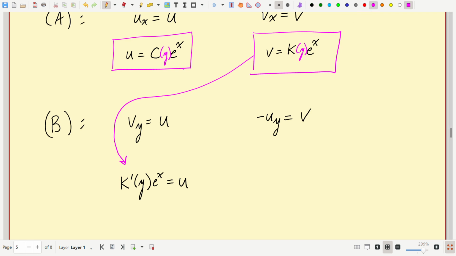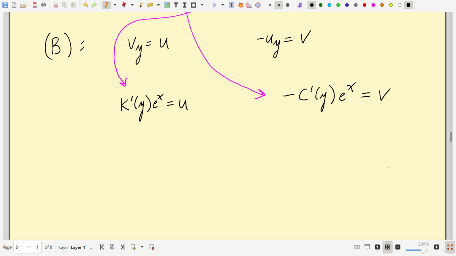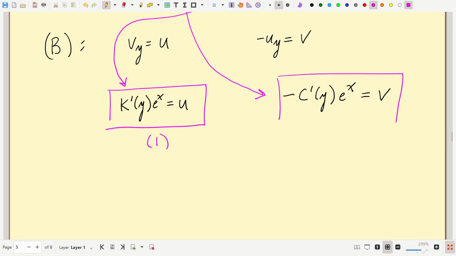I'm going to use this one right here and get du dy would be c prime of y times e to the x. And I want that to be equal to v. I'll call this box number 1 and this box number 2.